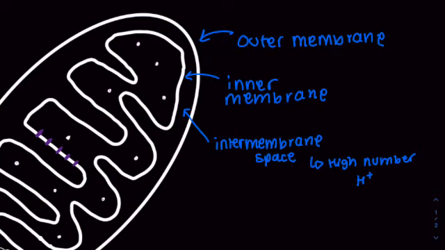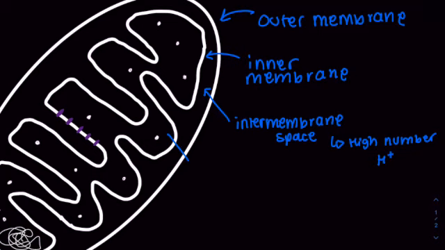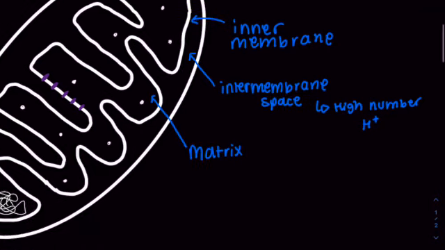You have the matrix, which is like the cytoplasm, but we don't call it the cytoplasm, we call it the matrix. Now, the matrix is basically an aqueous solution, which is just in the mitochondria.